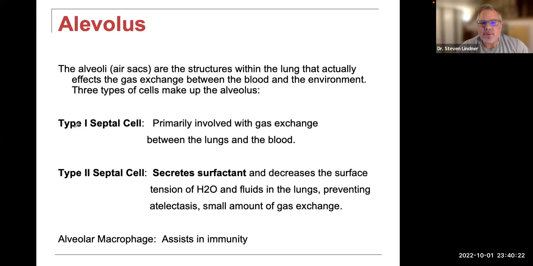So septal 1 or type 1 septal cell, that's primarily involved with the gas exchange between the lung and the blood. And type 2 septal cell, this is really important. This secretes surfactant. And surfactant's purpose is to really decrease the surface tension of water and fluids in the lungs, and it prevents something called atelectasis.